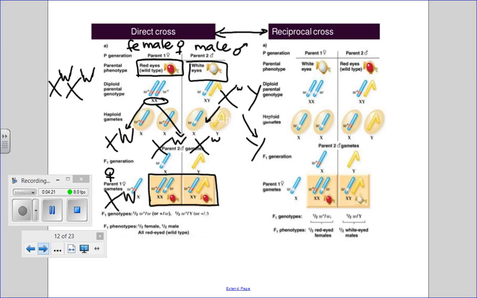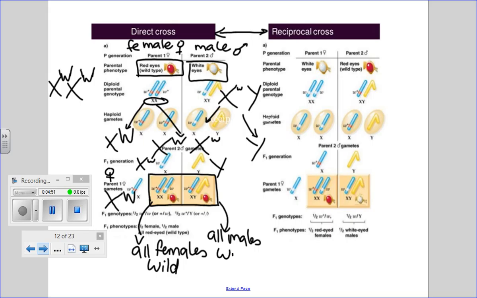On the top, the male, of course, can make 2 possible gametes, an X chromosome with the white eye allele, or a Y chromosome. So here is what we would see. In the F1 generation, we would see that all females had wild type eyes and all males had wild type eyes.